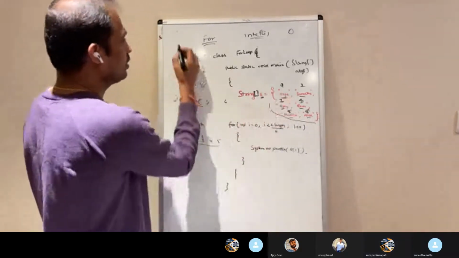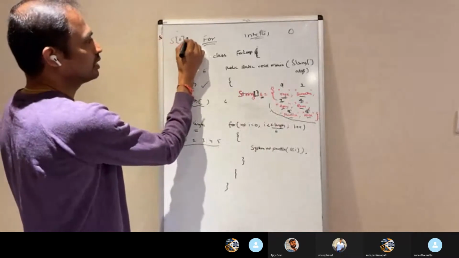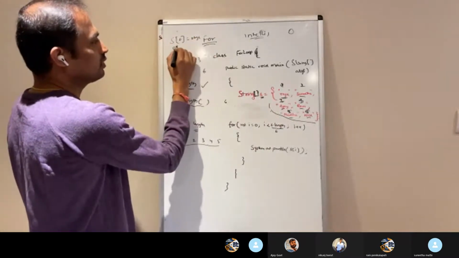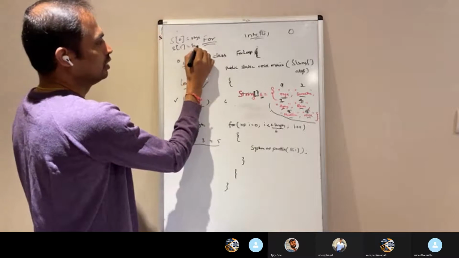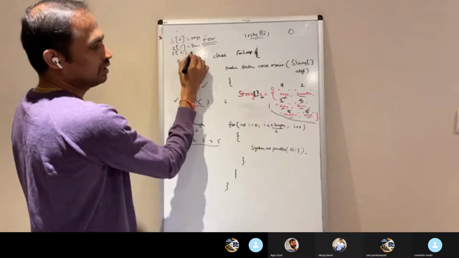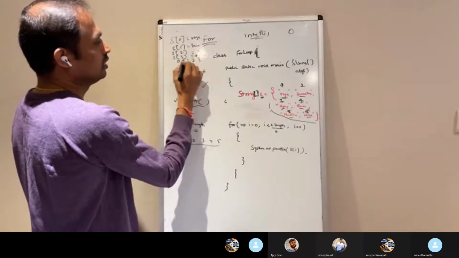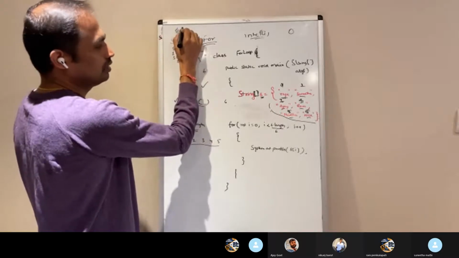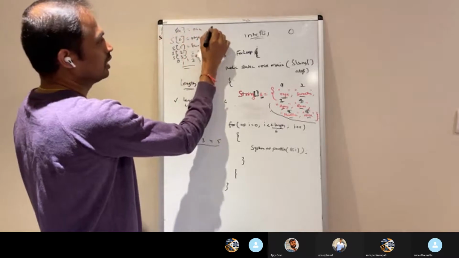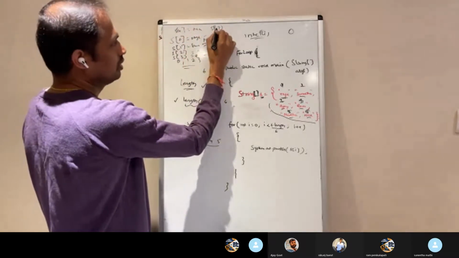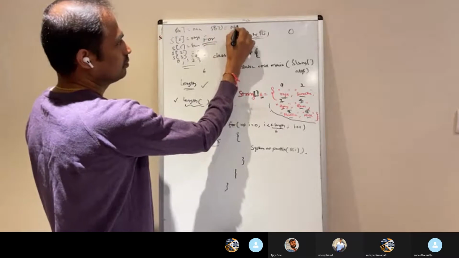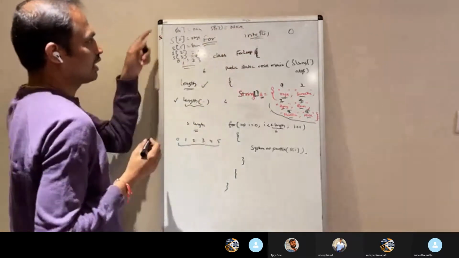Because s of 0 is Raja, s of 1 is Sunita, s of 2 is Ajay, s of 3 is Ram, s of 4 is Madhu, s of 5 is Nick. So this is right.